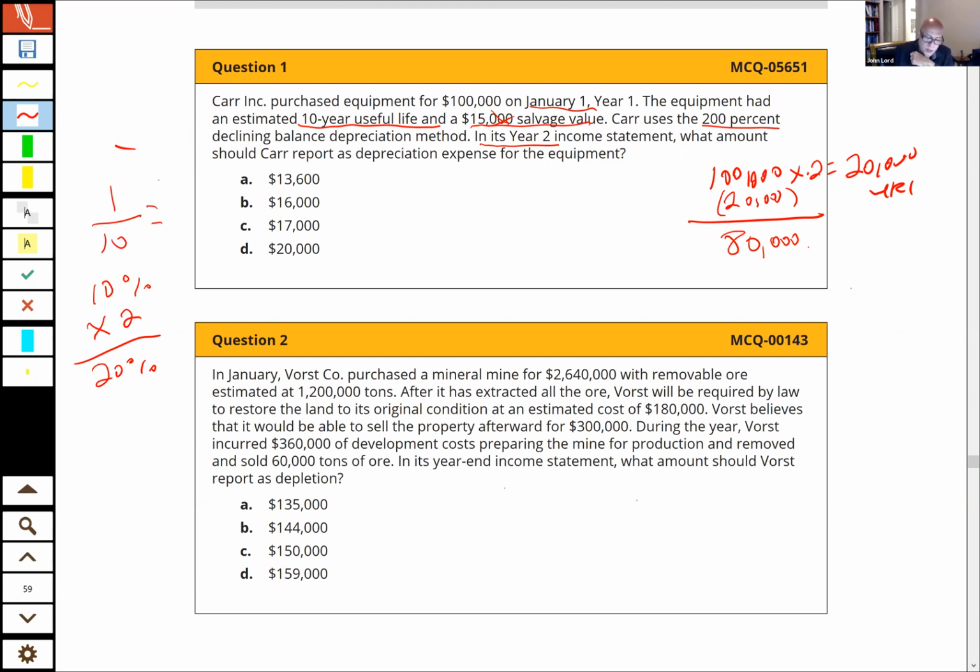That becomes my depreciable base for year 2. See how the balance is declining each year? I multiply that again by 0.2, which gives me 16,000 for year 2. Choice B, which most of us got.